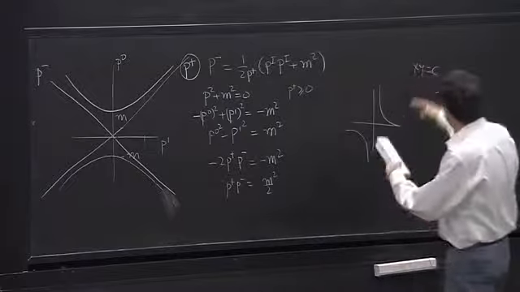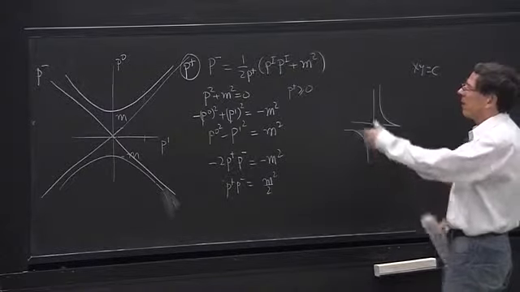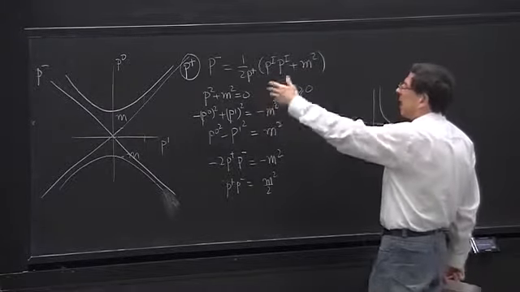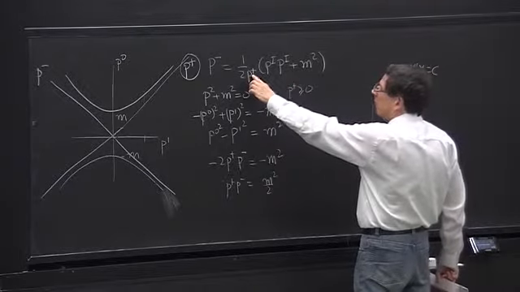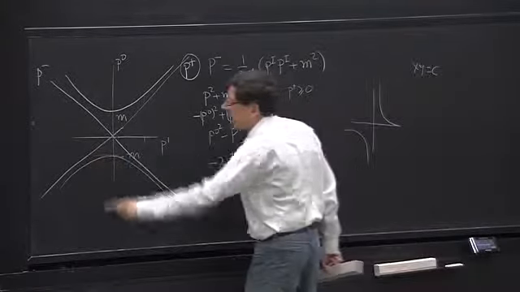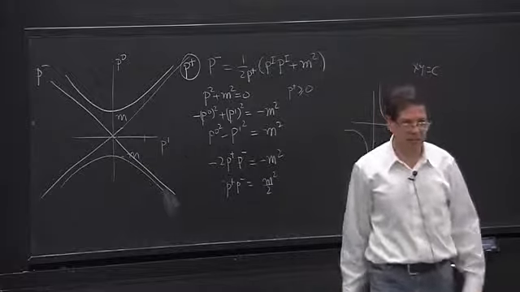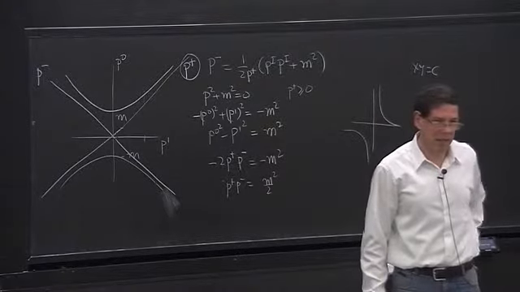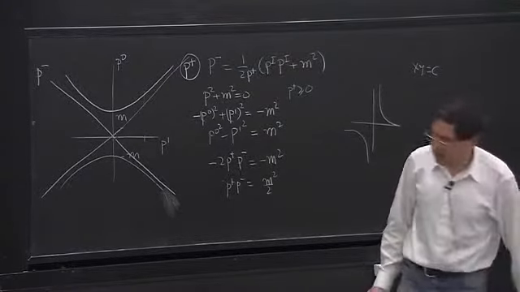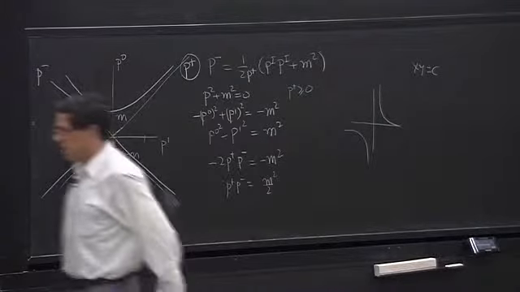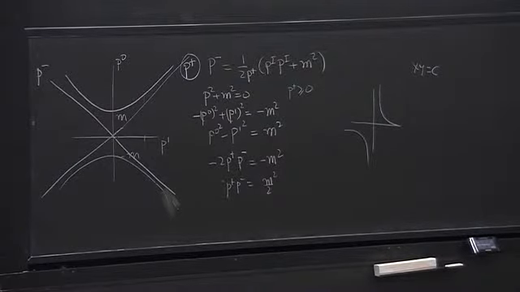Therefore, the way the branches appear in the light cone is when you make the transition from P plus positive to P plus negative. So when you want to represent a physical particle, you must take P plus positive.